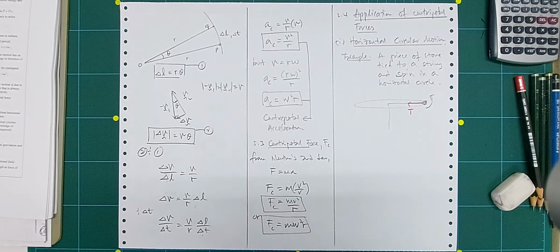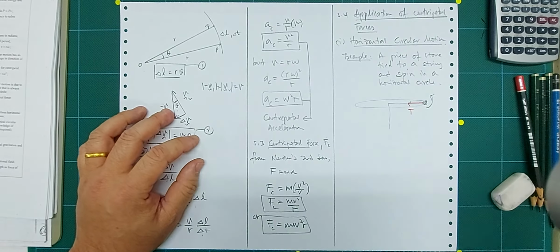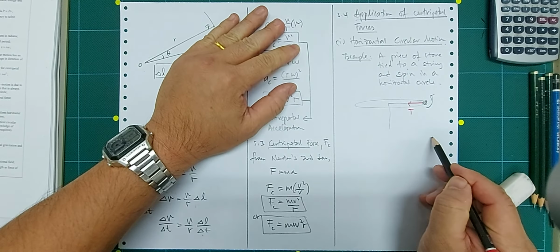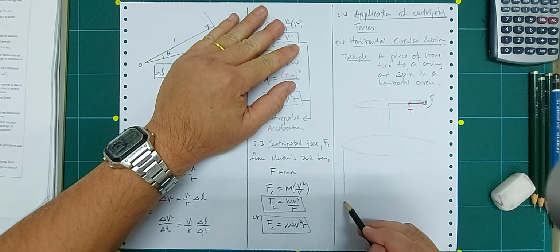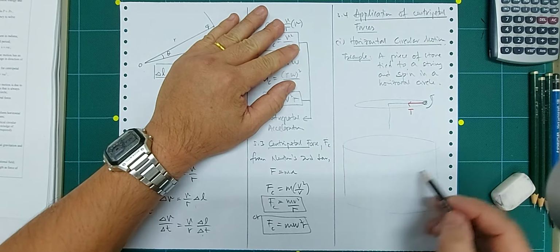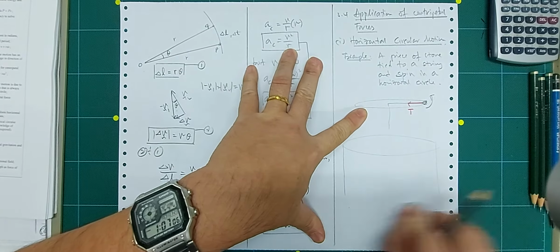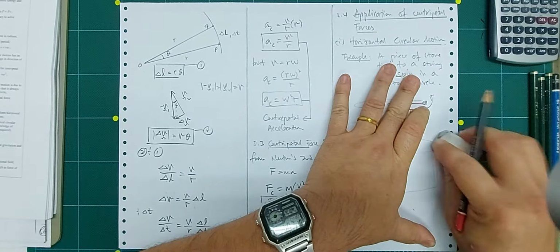Sometimes it's not that easy to see. For example, in a circus you might see people moving in a huge cylinder, where a motorbike moves inside.